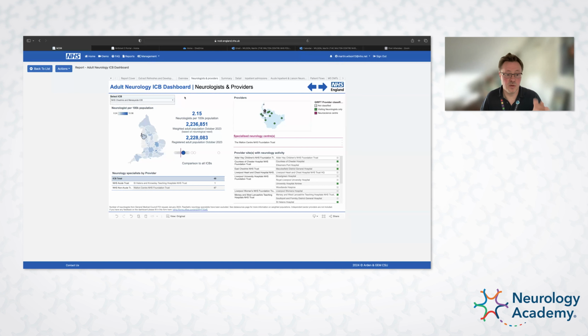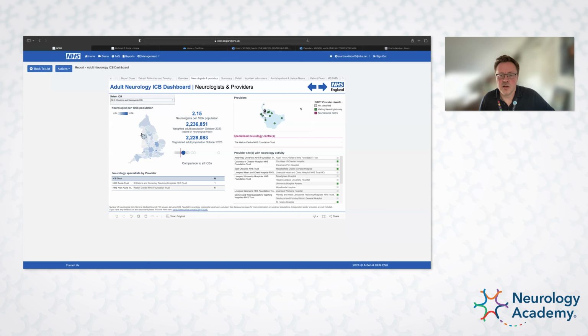But this is for your ICB. This data shows you something about how many neurologists you've got, and you can just for fun look at other areas where you can see they're relatively low. Some of that's unsurprising in Cornwall, and where it's extremely high, which again is unsurprising in central London.